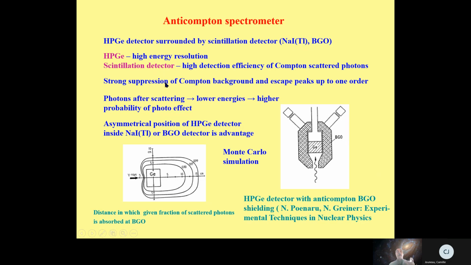That means if we have anti-coincidence between this semiconductor detector and scintillation detector, it will be possible to suppress these Compton scattered photons, and we will have strong suppression of Compton background and also escape peaks, and this suppression will be up to 1 order.